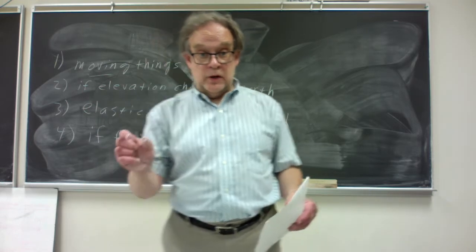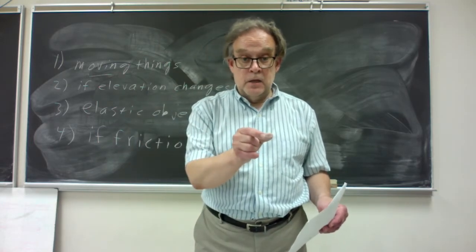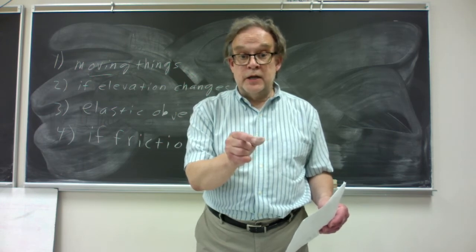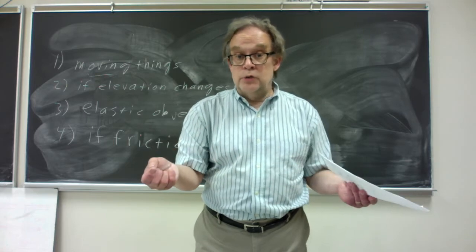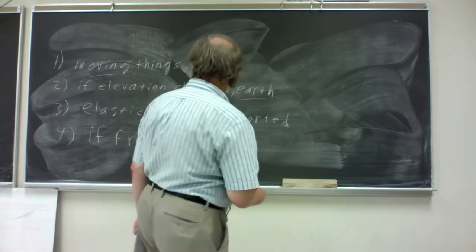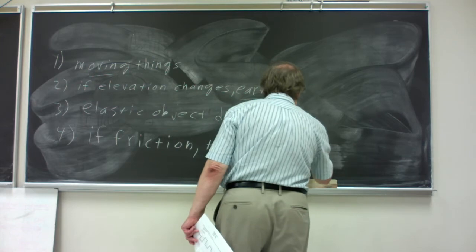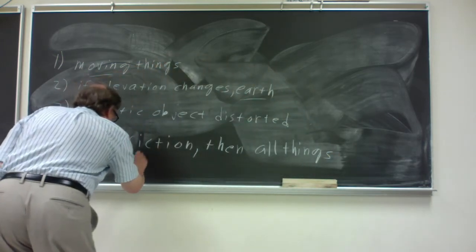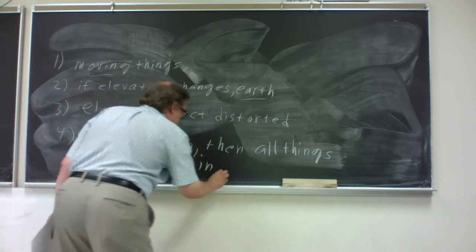For example, if a mass were oscillating back and forth on a tabletop, but there was a force of kinetic friction from the tabletop on the mass, you would have to include the tabletop in the system as well as the mass. All things involved in the friction.